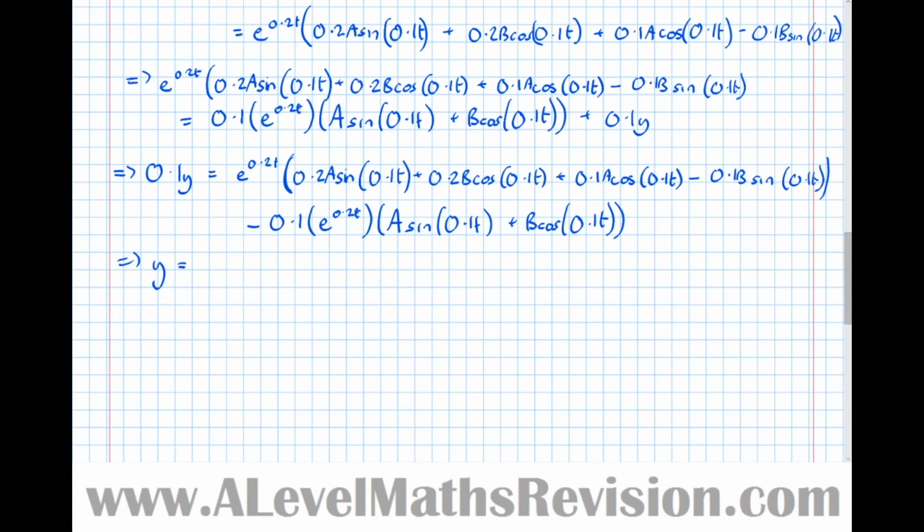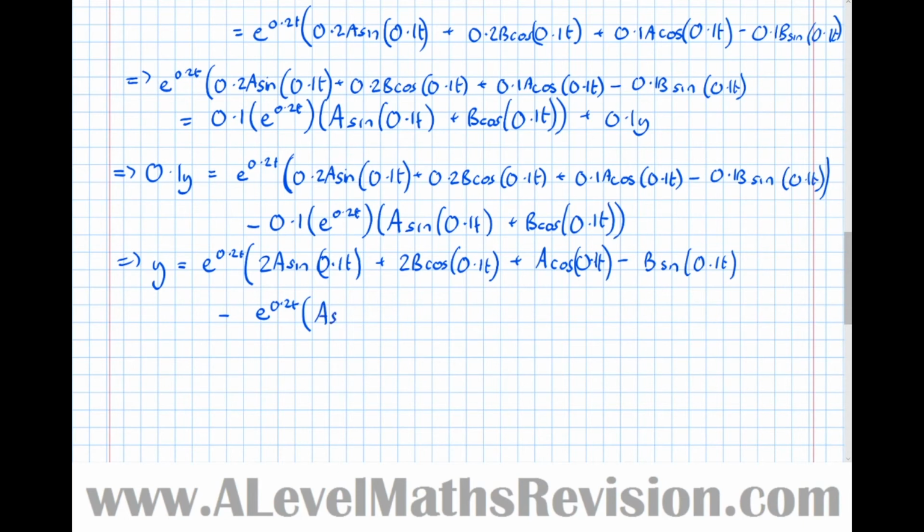So we'll get y equals, and if we times each of these by 10, that 0.2 becomes 2, so we get e to the 0.2t, and that becomes 2a sine 0.1t plus 2b cos 0.1t plus a cos of 0.1t minus b sine 0.1t minus e to the 0.2t a sine of 0.1t plus b cos of 0.1t.